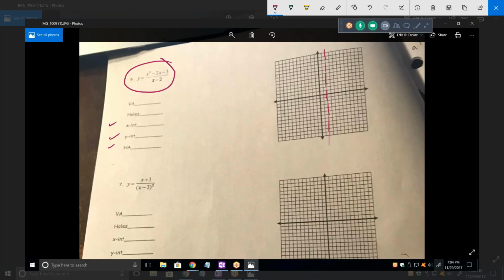You get an oblique asymptote whenever the degree of the numerator is 1 greater than the denominator. We're only comparing that term to that term. In other words, it's only the highest degree of each that you compare.